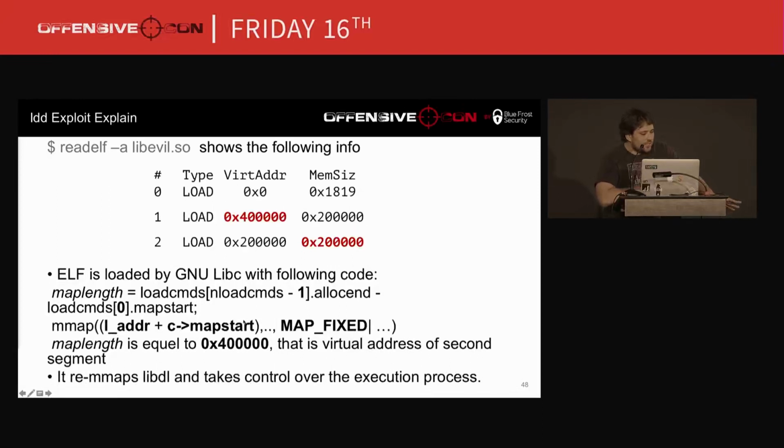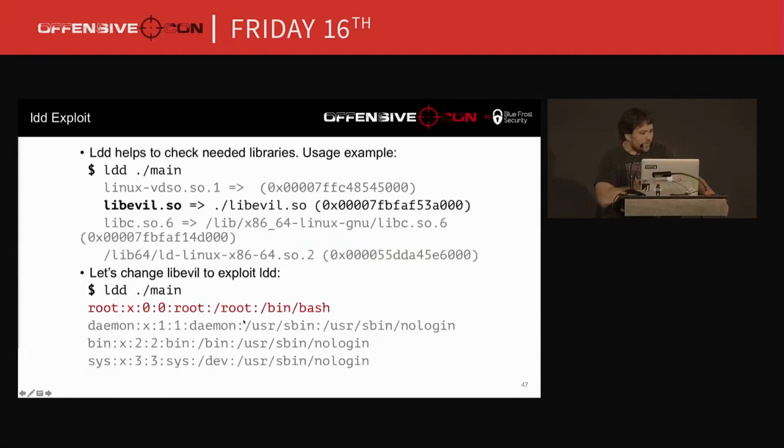And here, with the third segment, I just remap the libc that comes right after my libevil. So here you may see libc and libevil. With my libevil, I just rewrite the libc code, and since the mmap function is inside libc, it gets rewritten, and when it returns from the system call, it just starts to execute other code.